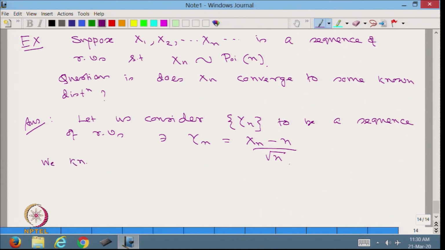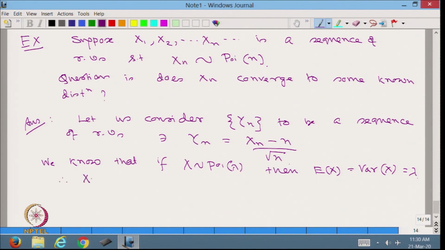We know that if x is distributed as Poisson with lambda, then expectation of x is equal to variance of x is equal to lambda.